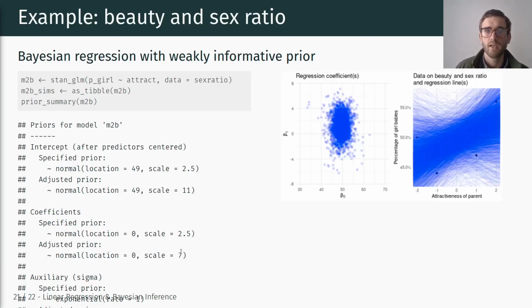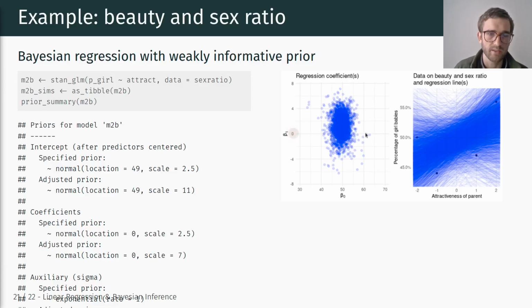Now, if we plot the posterior draws, similar to the way we've done it in the previous videos, we get again 4,000 draws from this posterior distribution for our intercept beta 0 and our slope beta 1. And we see there's a large variation in positive and negative slopes.